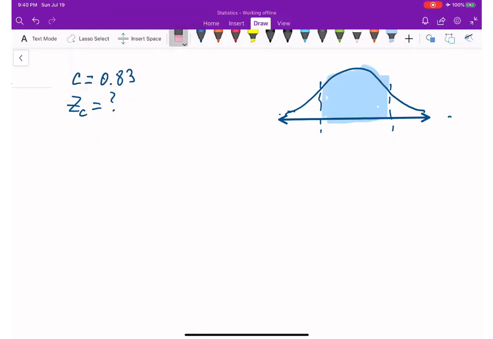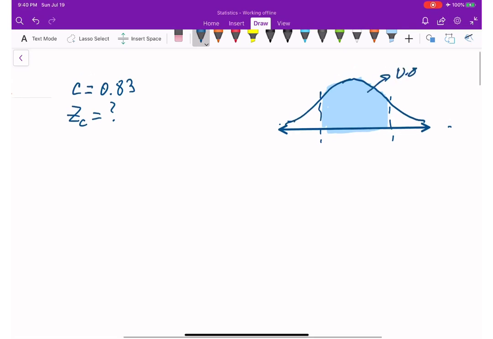Okay, so I need to clean this piece. All right, that's good enough. This is our 0.83, which is 83%.